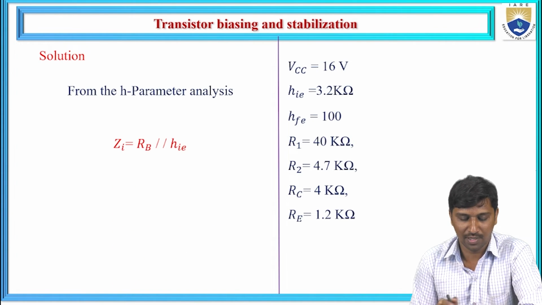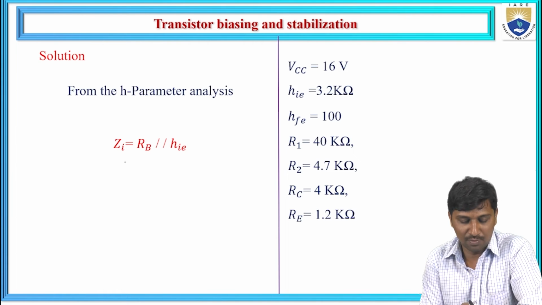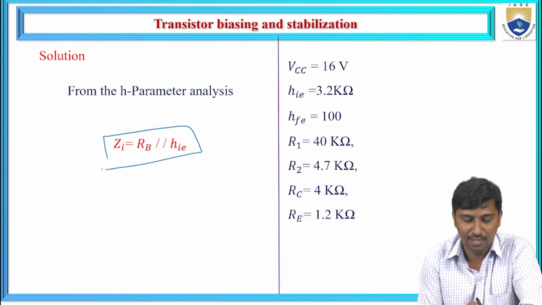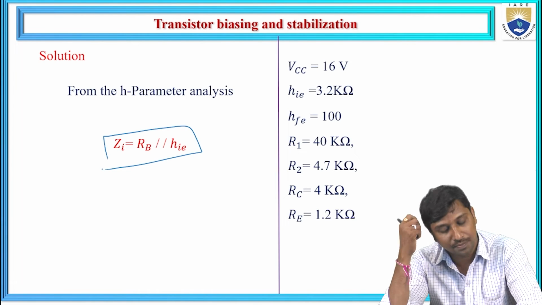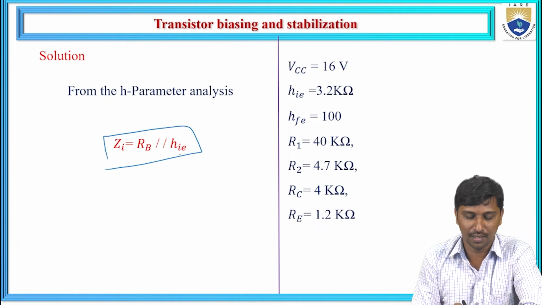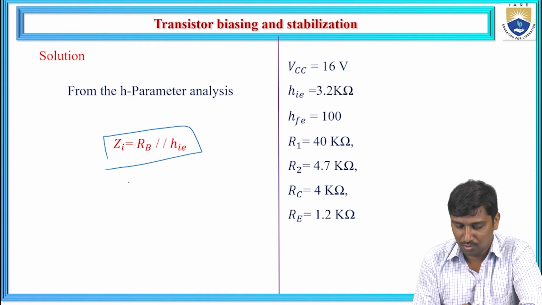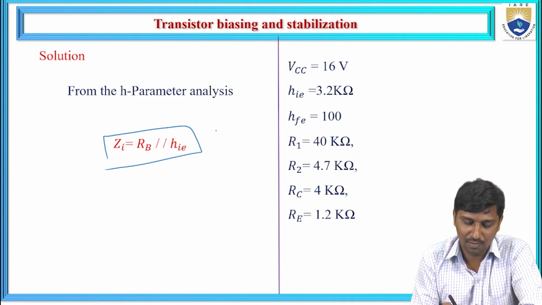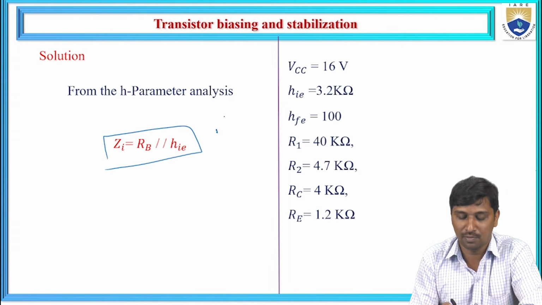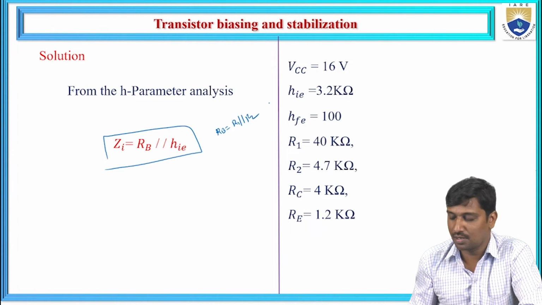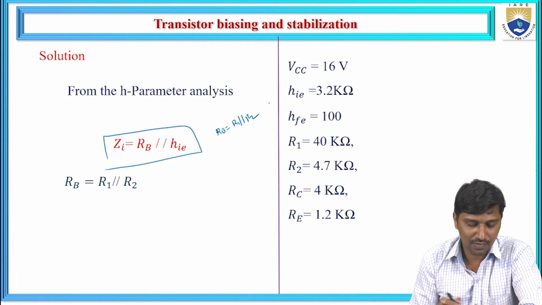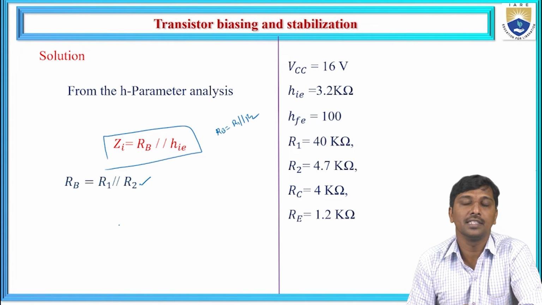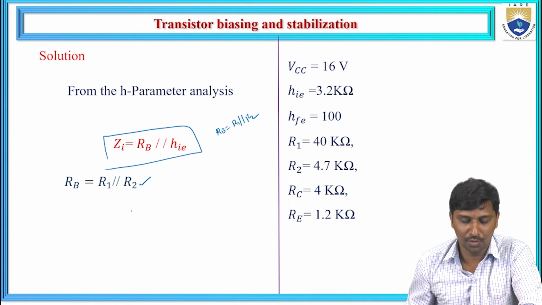From the H parameters, we know that the input impedance Zi is the parallel combination of base resistance RB and HIE. So first we need to find out this RB. If you observe the voltage divider bias network, RB is nothing but the parallel combination of R1 and R2. So first identify this RB, the parallel combination of R1 and R2.